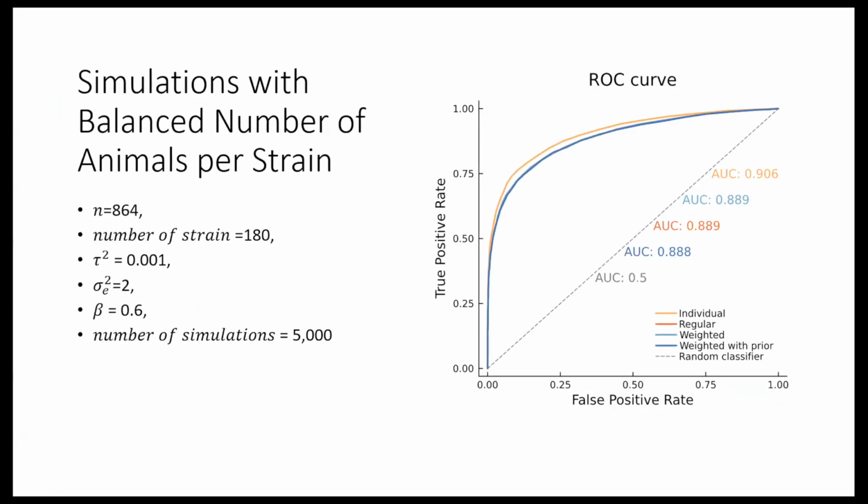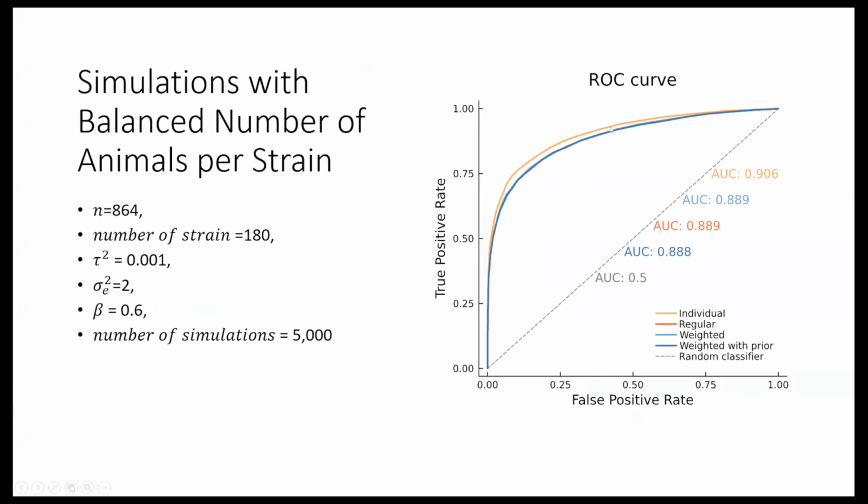So for this one, we said, okay, let's now try a balanced population, the same number of individuals per strain. Here, I think I had 10 or 8 mice per strain.